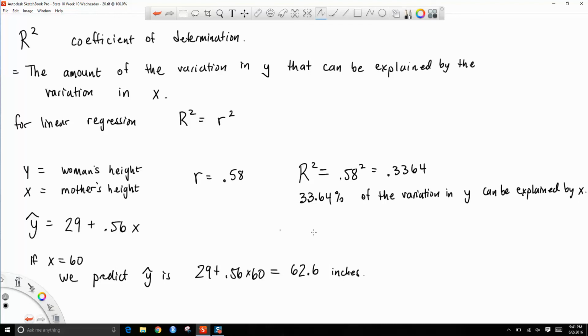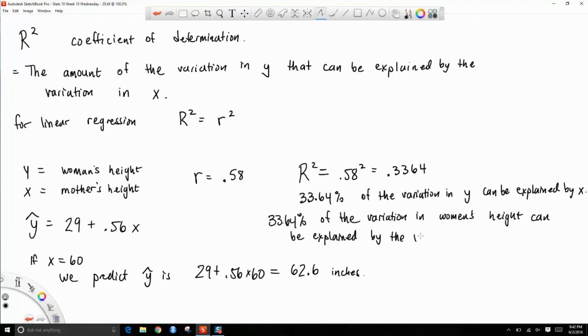So we can say 33.64% of the variation in women's height can be explained by the variation in mothers' heights.